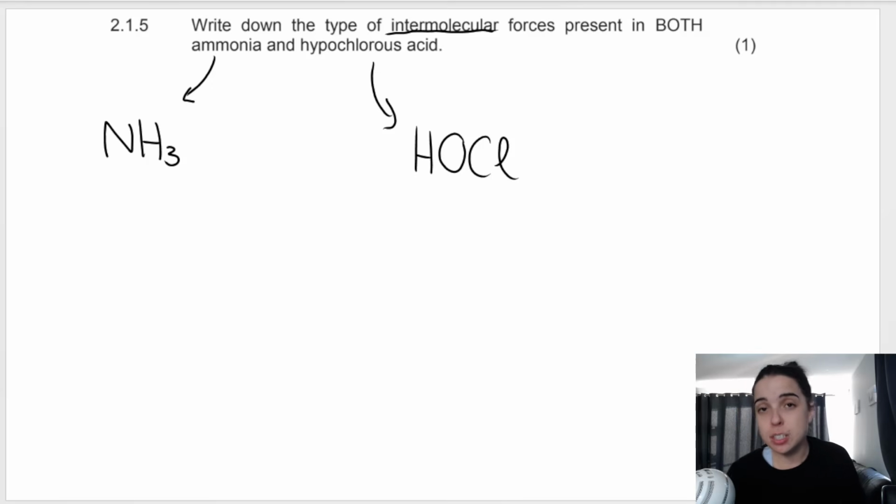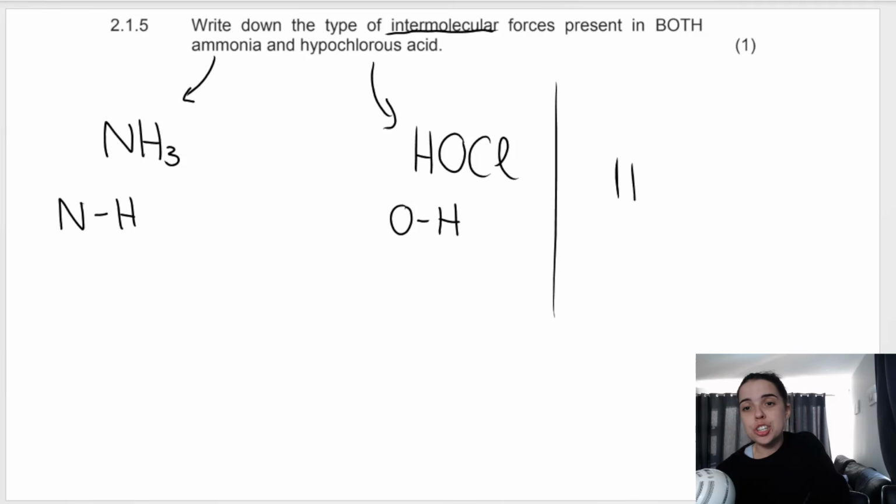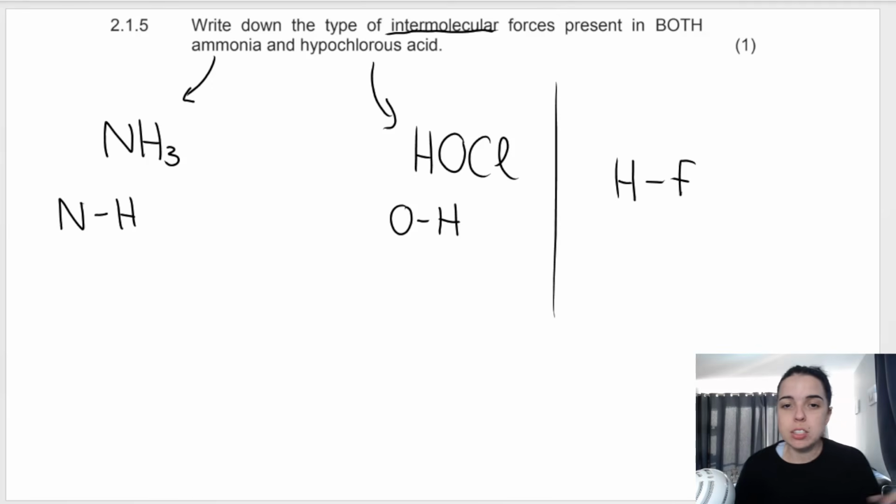So write down the type of intermolecular forces present in both ammonia and hypochlorous acid. Now, I have a video telling you the different types of intermolecular forces linked below. But if you know your intermolecular forces, you will know that if you have a nitrogen-hydrogen bond, an oxygen-hydrogen bond, or a hydrogen-fluorine bond, which isn't the case in this question, but it also counts, and I summarize this by calling it HNOF.